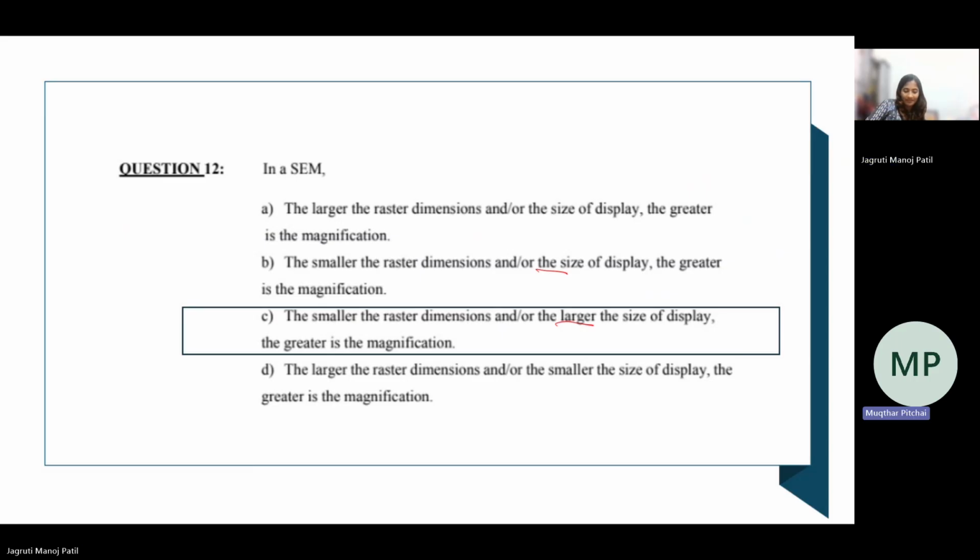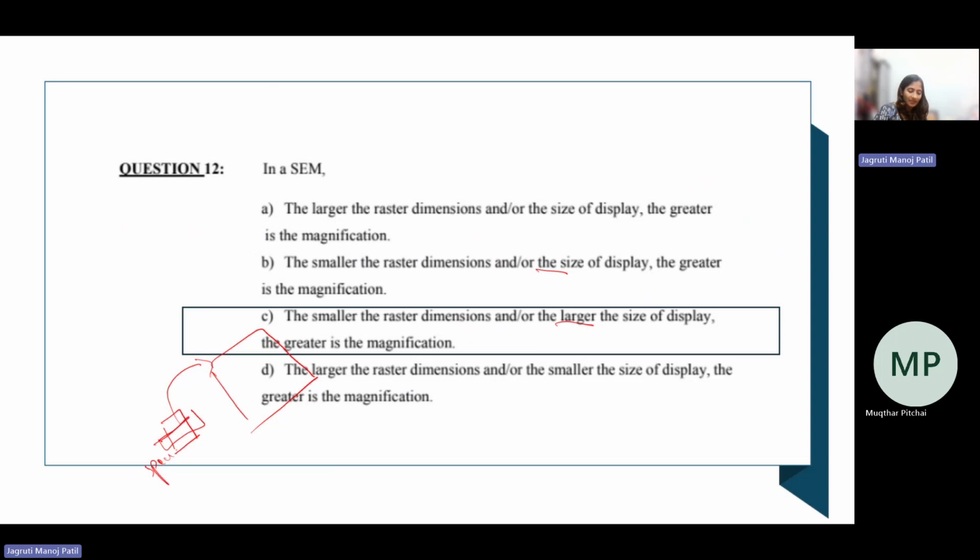Yes, the size of the display, smaller the raster, and the larger the size of the display. Exactly. So that is how you need to know where you are imaging, as in your specimen and your display, how much bigger or smaller it is.